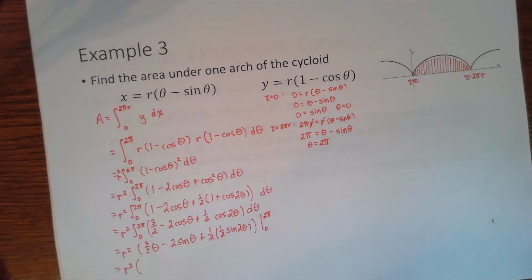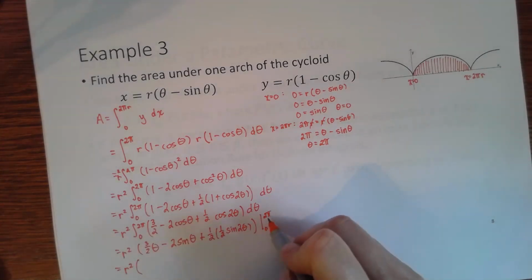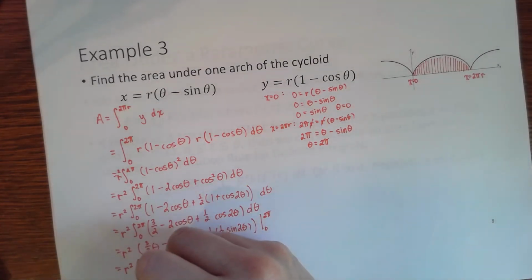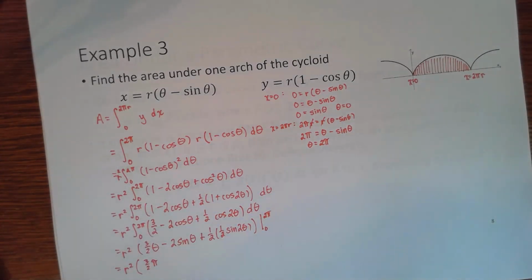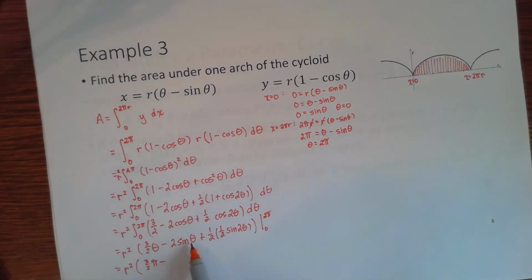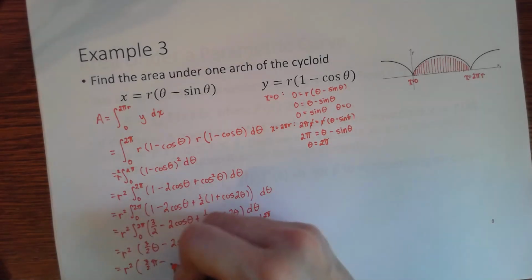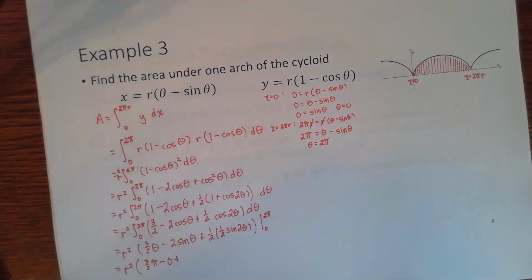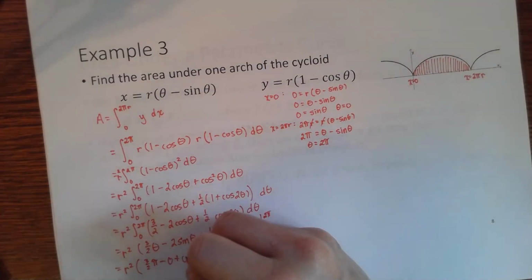Alright, so when we put the 2 pi in, we'll have 3/2 times 2 pi. And then minus, when we put 2 pi in, the sine of 2 pi is just 0, so this one goes to 0. And then we'll have plus 1/4 of the sine of 2 times 2 pi, that's 4 pi, but the sine of 4 pi is just 0, so this one's also 0.